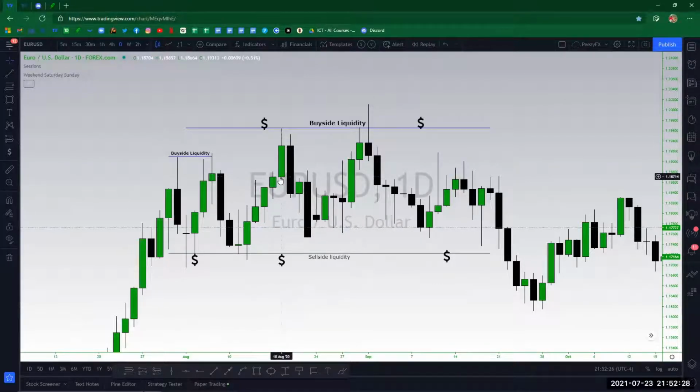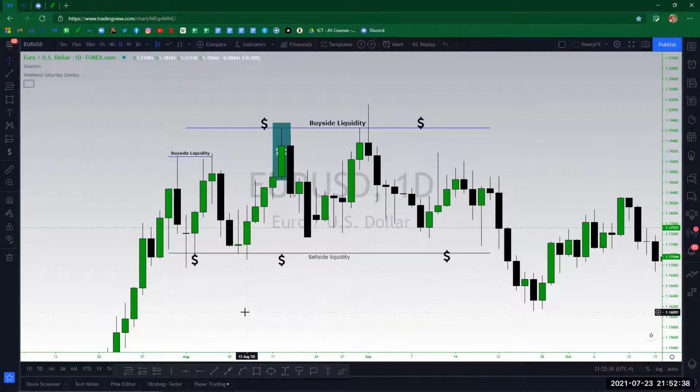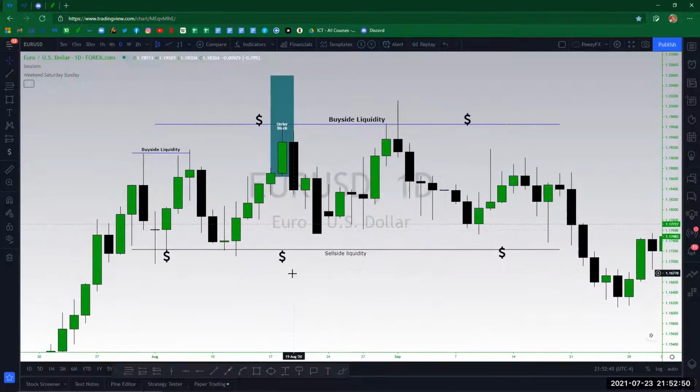This is what we call an order block. Now, this order block here is the candle that took out the equal highs. And what really confirms this order block is what happens next.